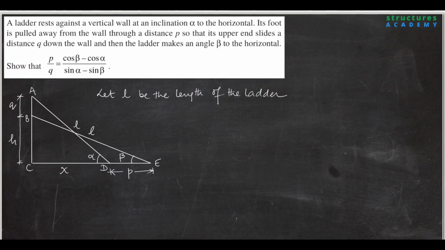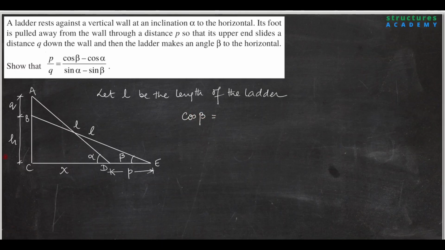All right, now if you notice, what is being asked is p by q is equal to cos beta minus cos alpha over sin alpha minus sin beta. So it makes sense to find out what these cos beta, cos alpha, and sin alpha and beta are. So let's first take up cos beta.